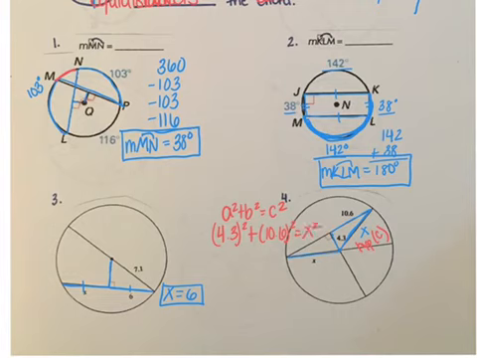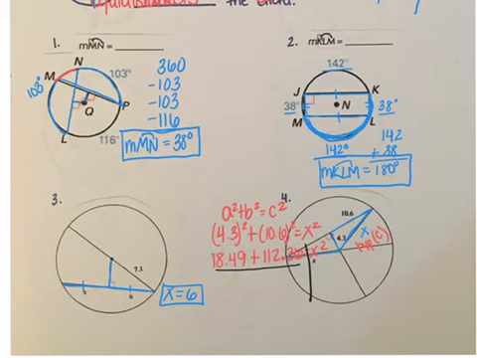So 4.3 times 4.3 is 18.49, and 10.6 times 10.6 is 112.36. If we draw our line where the equal sign is, we see that these two values are on the same side of the equation, so we just simply add them.